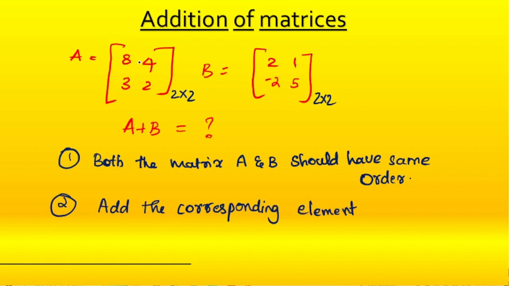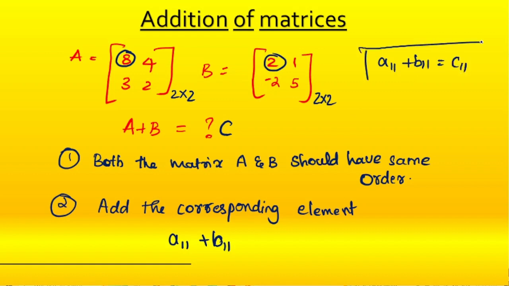That means you have to add A11 plus B11. This position is A11, this position is B11. You should only add A11 and B11. If the resultant is C, when you add A11 plus B11 you get C11.